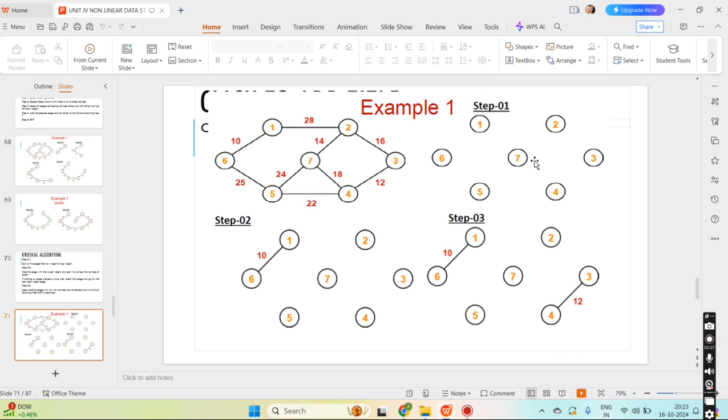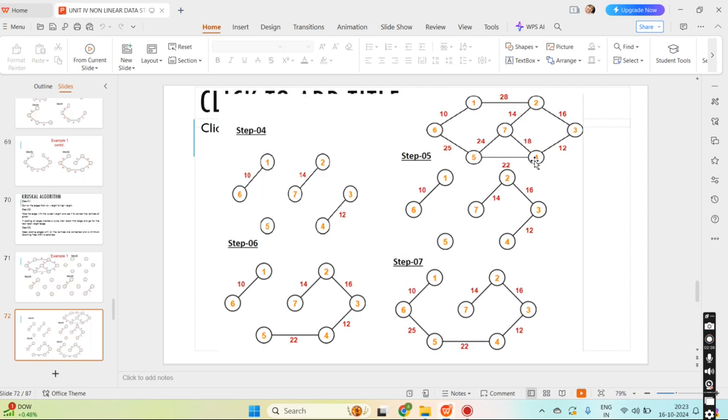Without creating a cyclic form, we have to calculate the minimum edges. In step 4, the third minimum weight is 14, so we create an edge between 7 and 2. The fifth minimum weight is 16, so we create an edge between 2 and 3.